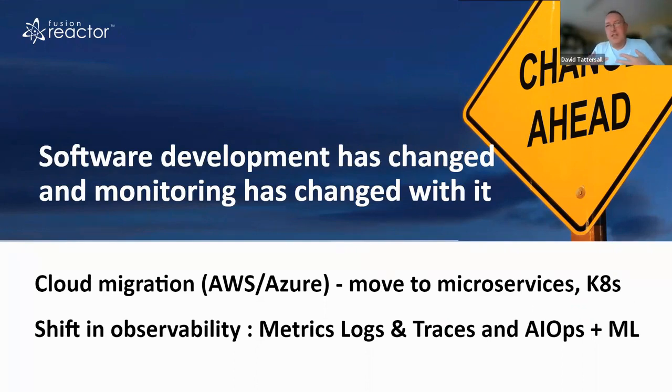And as that change has taken place, there's essentially been a shift in observability to support measurement and monitoring in these new environments. What came out of that is this concept of metrics, logs, and traces, the so-called three pillars of observability. Where things are going in the future is more towards AIOps, AI operations, and machine learning.